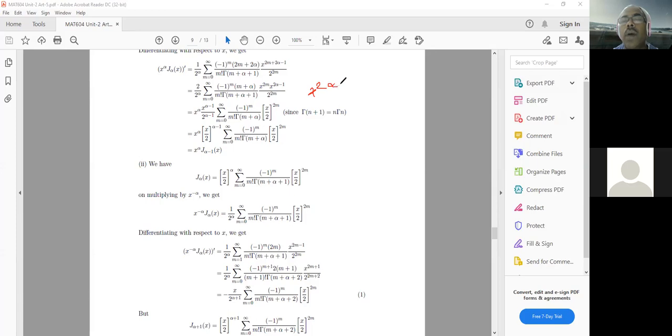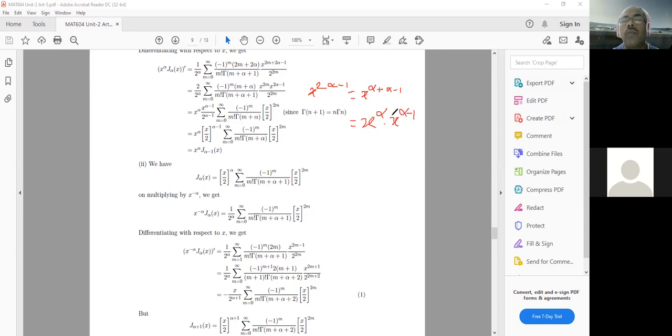We just split 2 alpha here, and this is equal to x to the power alpha into x to the power alpha minus 1.